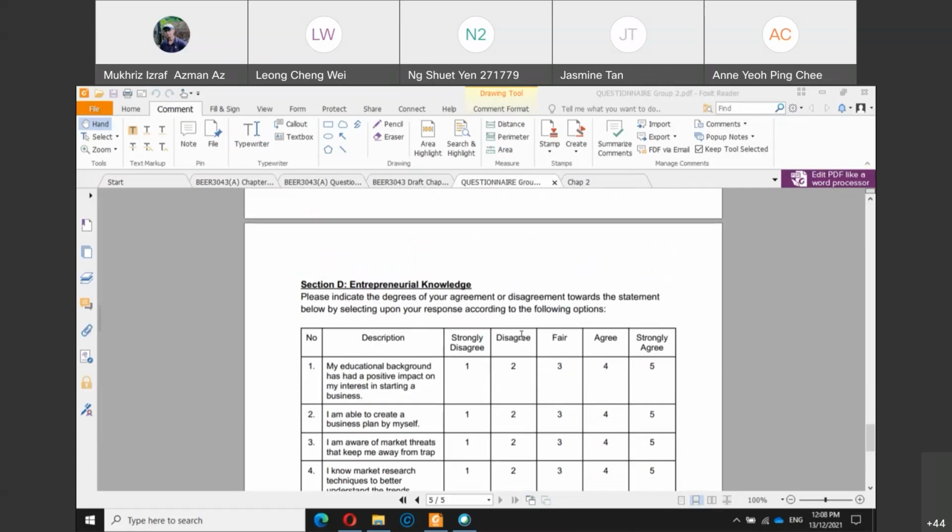So we take the objectives to become our topics in sections A, B, C, and D. We get the questions from a previous student's thesis, one of the samples inside the drive. Then we modified it from the sample.